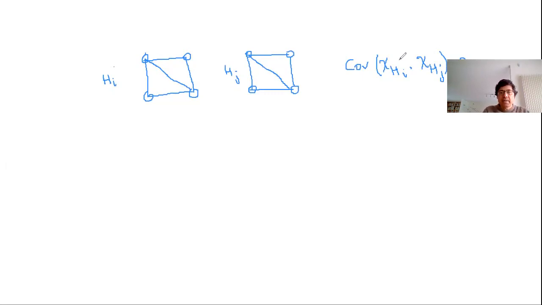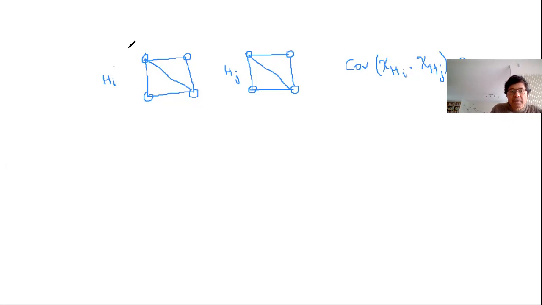Okay, so these random variables are independent. Their covariance is 0 if they have no vertices in common. In fact, it's true as long as they have no edges in common. So if they have just, say, this vertex. Okay, so let me number the vertices.